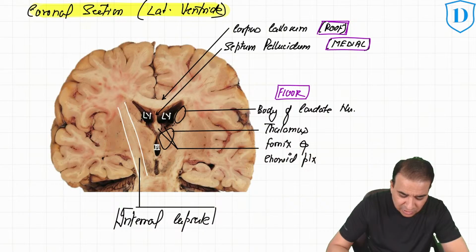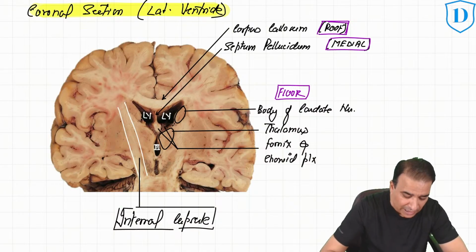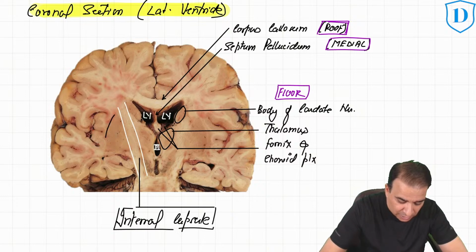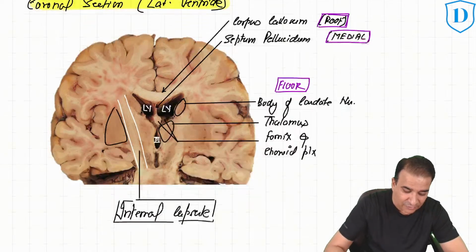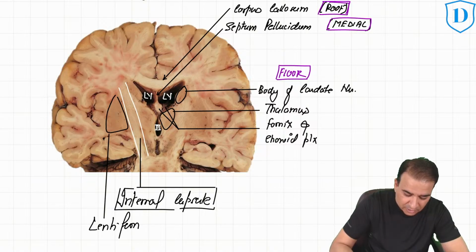Not in this section, in the transverse section, but yes, you should know it in all possible sections. If I go further lateral to the internal capsule, the nucleus present here, this gray matter nucleus, is called what? Lentiform nucleus. Furthermore lateral, that is a lentiform nucleus.